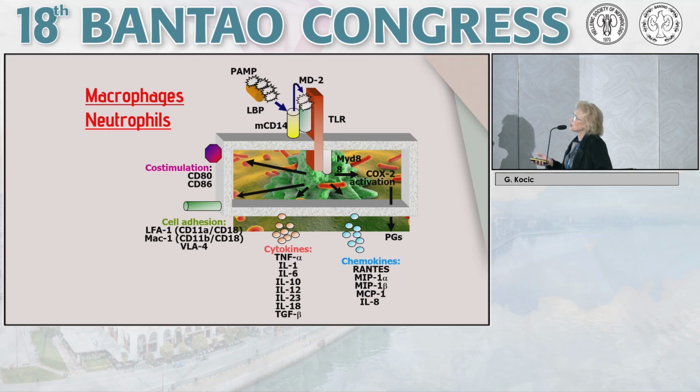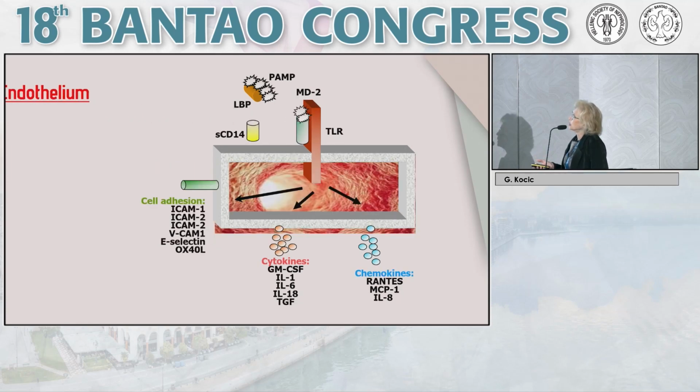We can see here that macrophage cells and neutrophils are very rich in toll-like receptors, and their activation by a number of downstream signaling pathways can induce secretion of cell adhesion molecules, a number of cytokines, and a number of chemokines.